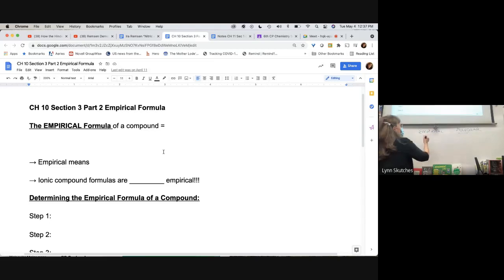So yesterday we looked at an example with nitrogen and oxygen. The nitrogen came out to be 1 and the oxygen came out to be 2.5. You can't have 2.5 of an oxygen. All right, so this can't happen.